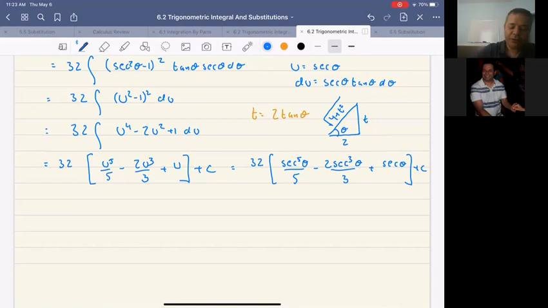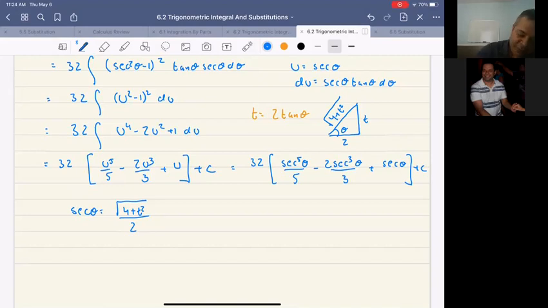So we look at this triangle in order to come back to t. Okay, so our secant of theta in that triangle is going to be 2 over the square root of, oh, sorry, I have it backwards. I was about to do cosine. It's the square root of 4 plus t squared over 2. Okay.